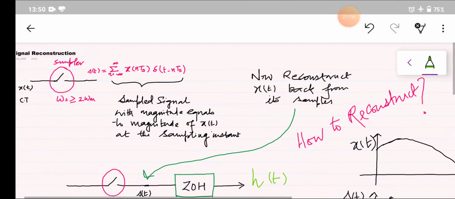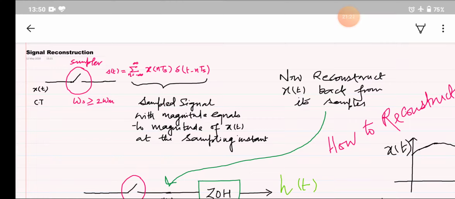If we are having a continuous time signal xt, using a sampler the signal is converted to its sampled signal as st is equal to the summation from n equals minus infinity to infinity of x(nTs) delta(t minus nTs), where Ts is the sampling time period.